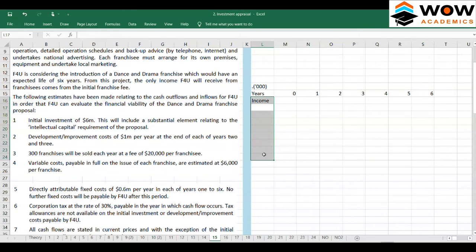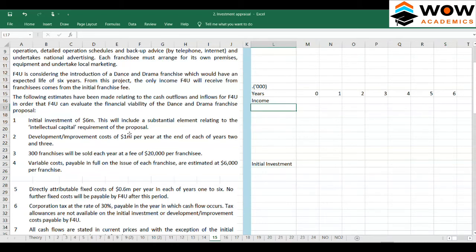After the income we have other expenses, so we have to note them down. We have an initial investment, and that is usually put last, so we'll put initial investment here. Is there any other cost?